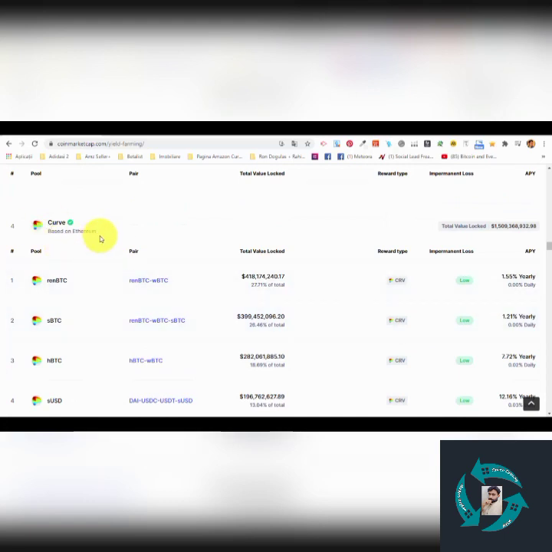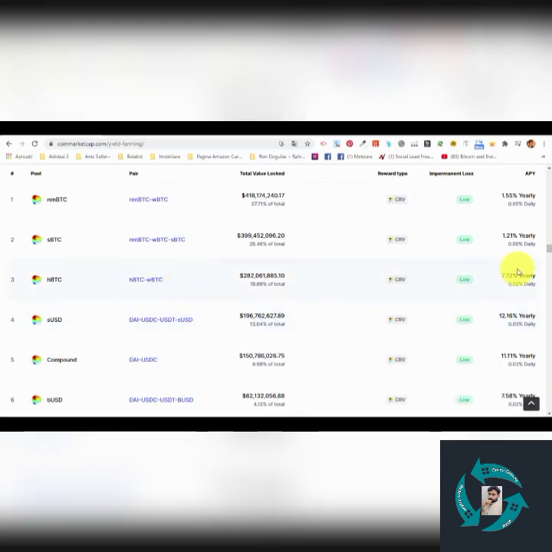Curve, if we are not mistaken, is one of the first types of these platforms which is somehow regulated. So it should be a little bit more stable from what we know, but do your own research. And for example, we have a very good yearly return of 12% on this pool.